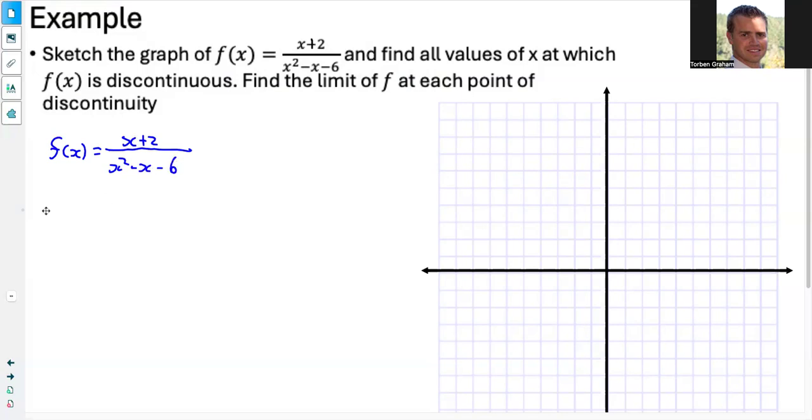We'll start by factoring. So we've got f of x is equal to x plus 2 over x minus 3 times x plus 2. Looking at this, we know that x cannot equal 3 or negative 2.